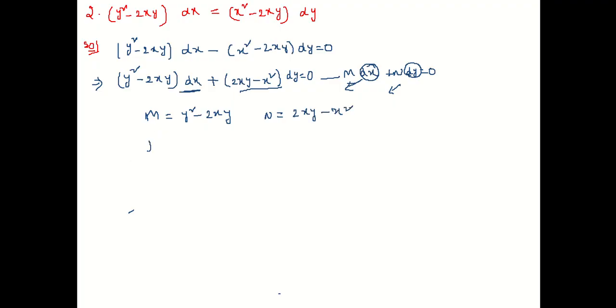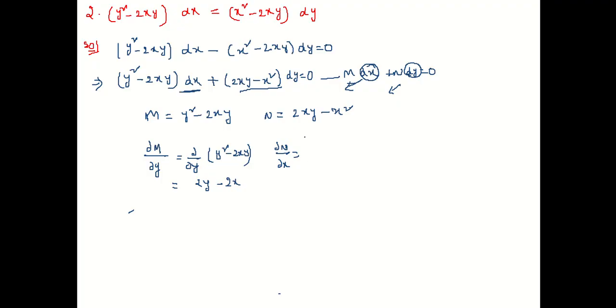Now differentiate M with respect to y. Dou M by dou y equals dou by dou y of (y square minus 2xy). So this equals the derivative of y square, 2y, minus 2x. Okay, the y derivative is 1, 2x is constant, so minus 2x. Next, in the same way, find dou N by dou x. Differentiate N with respect to x.